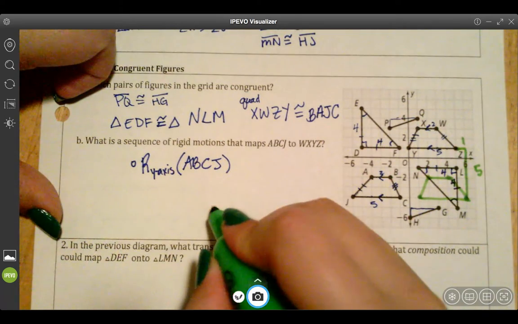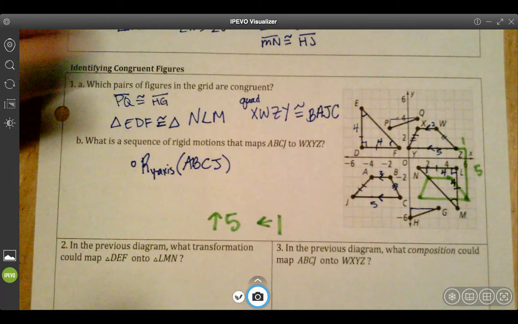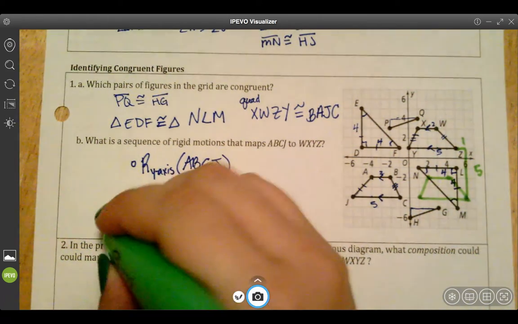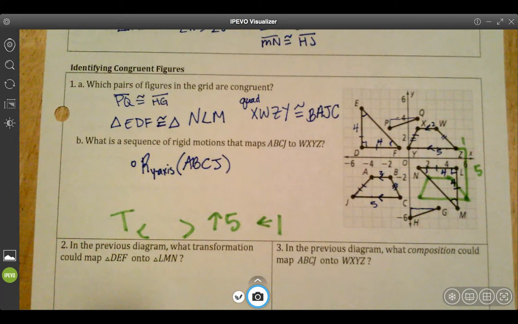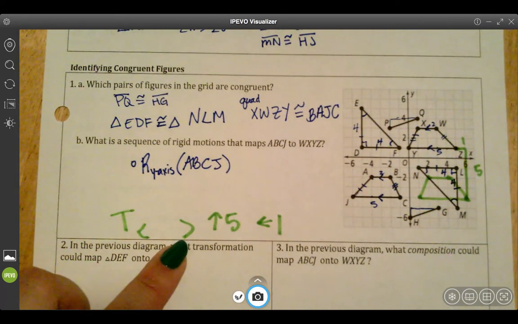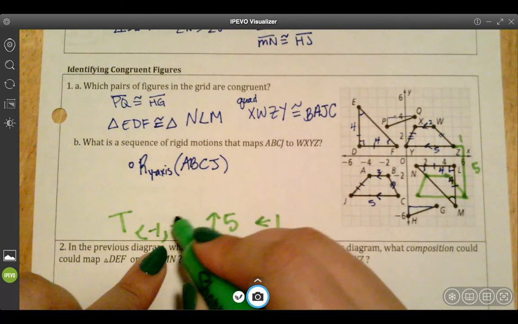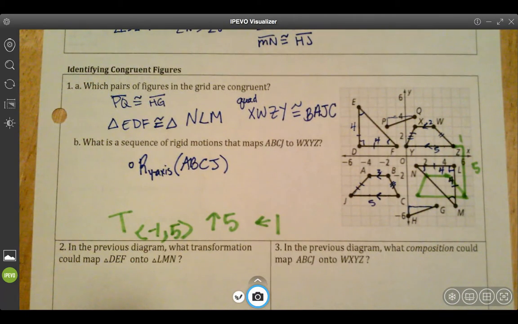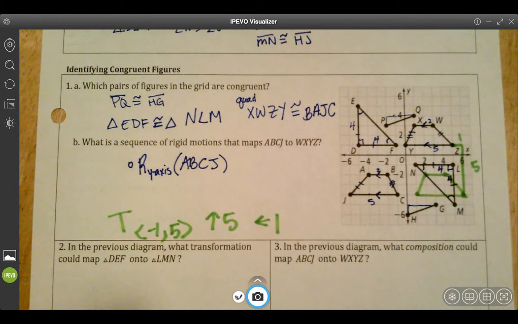Okay, so up 5, left 1. Well, when I write that as a translation, it's going to be a translation by some vector. Always go horizontally first, x, then y. So to the left is -1, up is +5. So that is our other composition. And if the corner matches there, and I know the shapes are congruent, then we're done with our transformations.